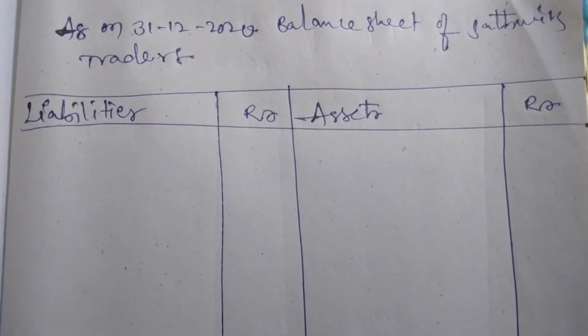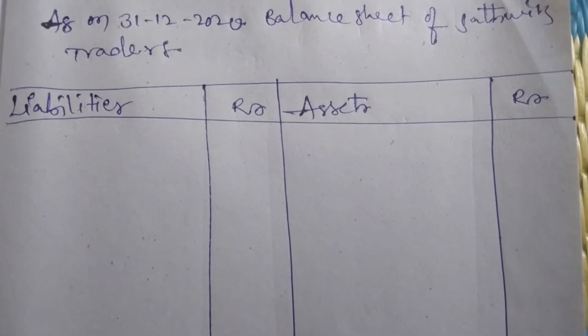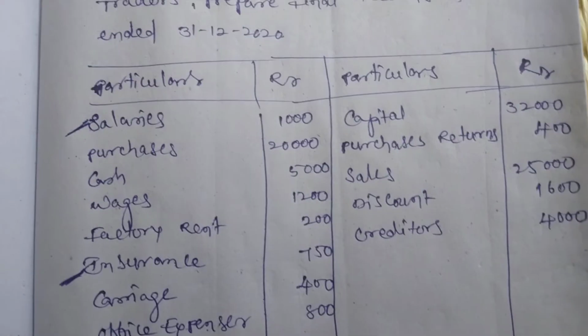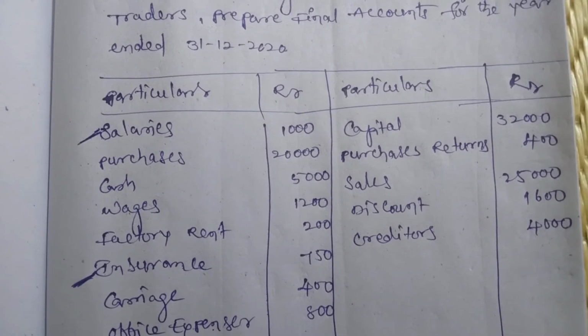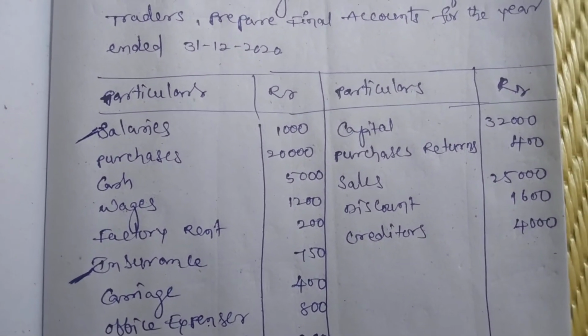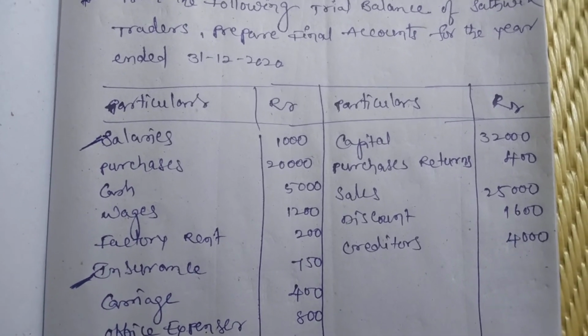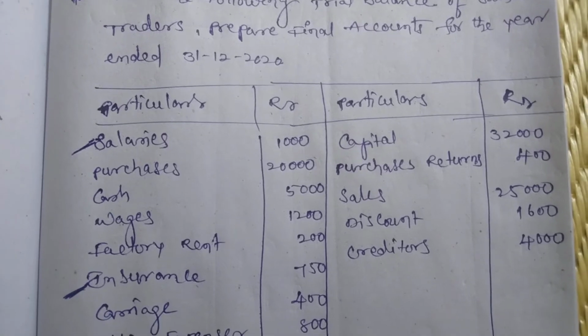Now we go back to posting all the transactions. Take the debit items first. Debit items are shown in the debit side of the trading or profit and loss account and the asset side of the balance sheet. The first item is salaries.